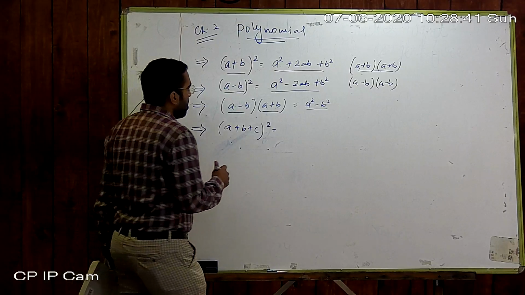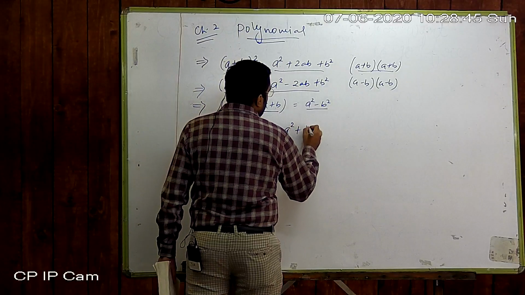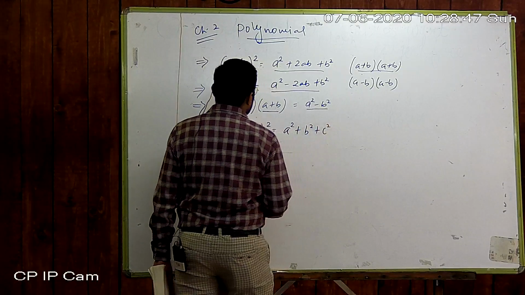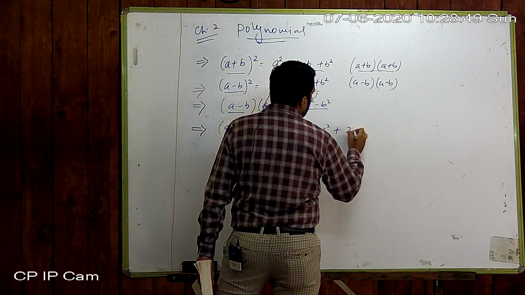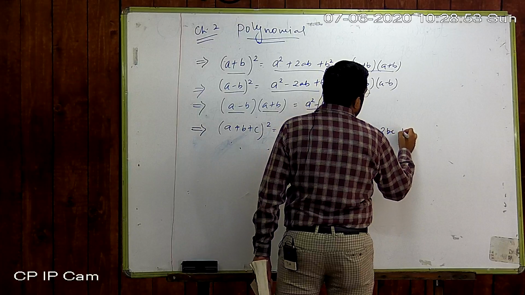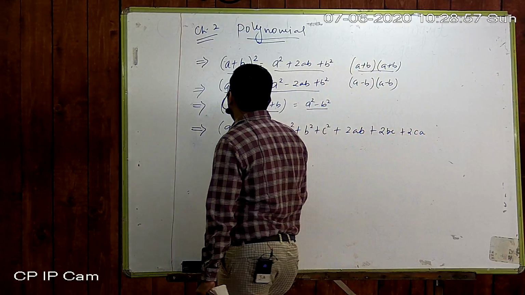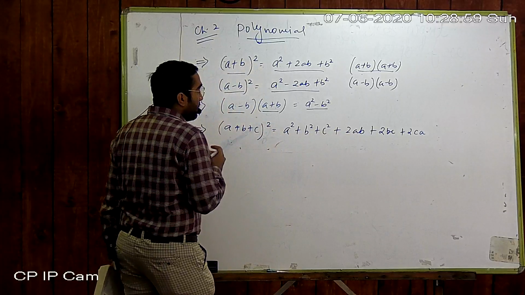So a square plus b square plus c square plus 2ab plus 2bc plus 2ca or ac. You have to write anything about that.